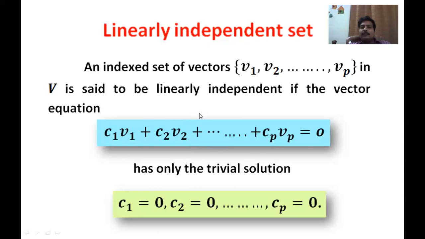If you can't find that, that is a linearly independent set. If you find c1, c2 such that this relation holds other than the zero solution, then the set is linearly dependent.